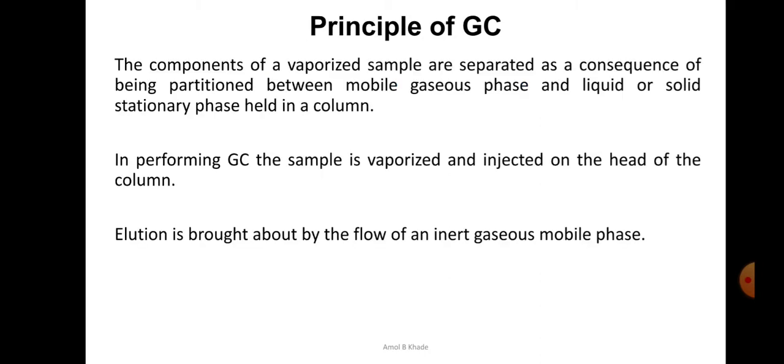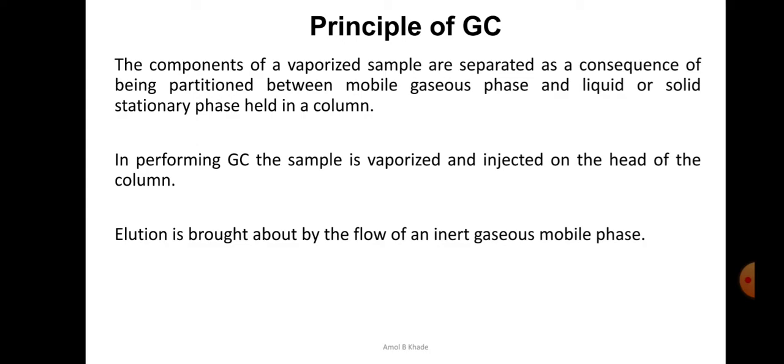Now the principle of gas chromatography is very simple. In gas chromatography, we take the carrier gas or the inert gas as a mobile phase, and this carrier gas will elute our solute components.